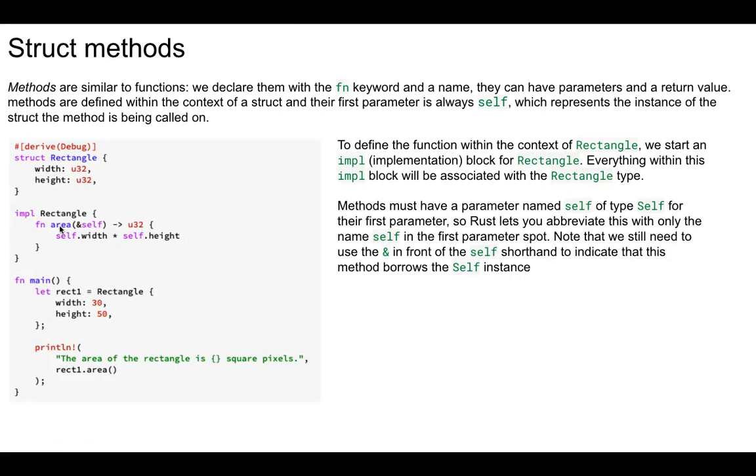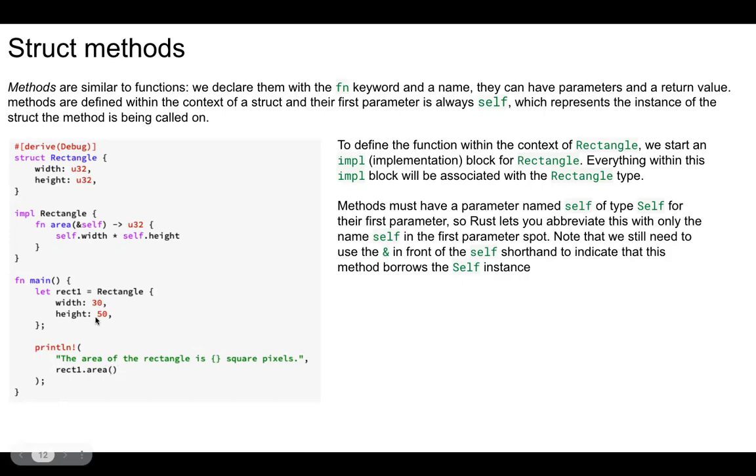How do you invoke the method? See here. You create the instance of the struct that we discussed in the previous lecture or just a little while ago, and then you call the method by dot notation. This is very common to any other programming language. So the instance name dot the method name. Now, if you notice here, we are not passing self.